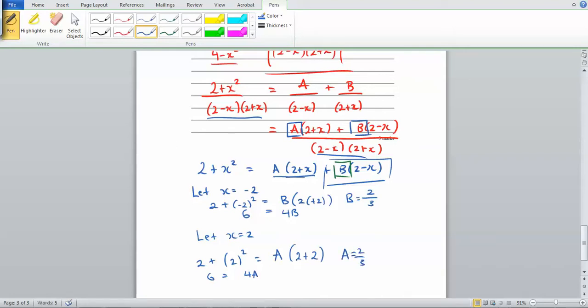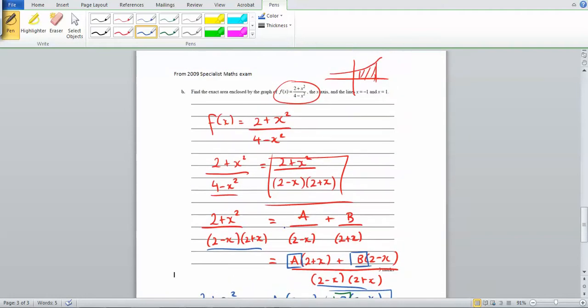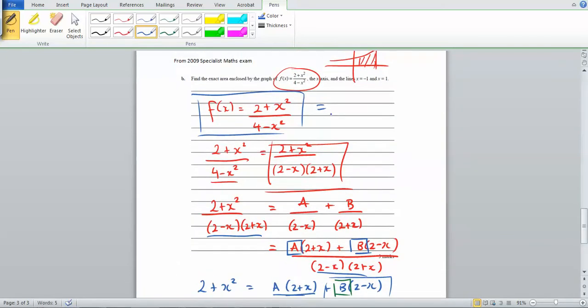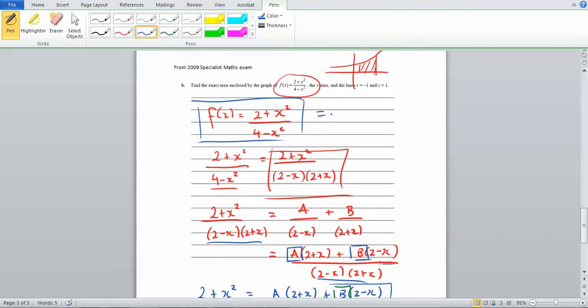So we can now rewrite this original fraction, f of x, as a over 2 minus x plus b over 2 plus x.